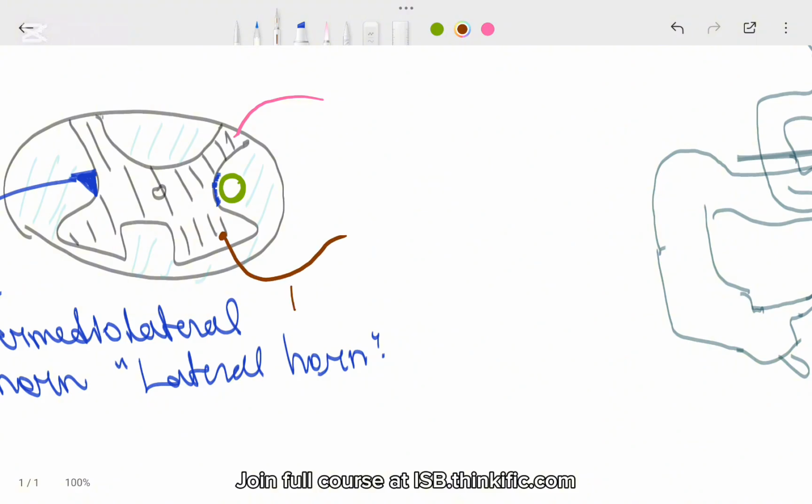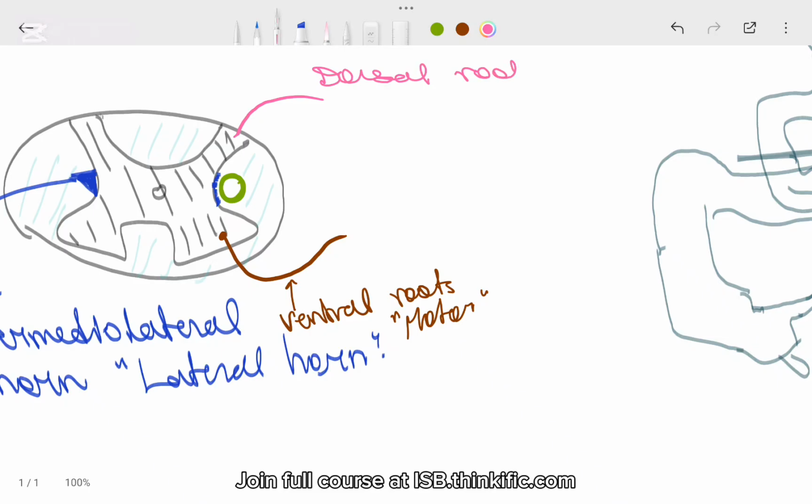So we have the ventral root, which contains motor neurons that supply skeletal muscles, and we have the dorsal root, which is purely sensory. Now the motor root and the sensory roots come together and mix to form a spinal nerve.